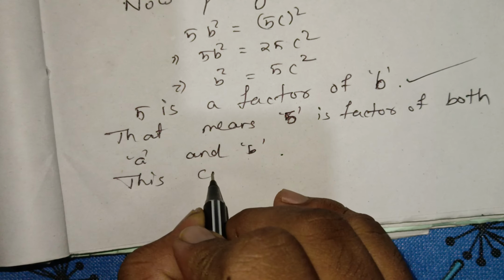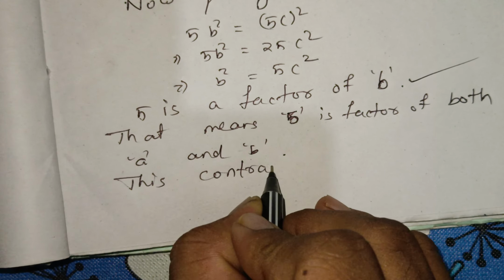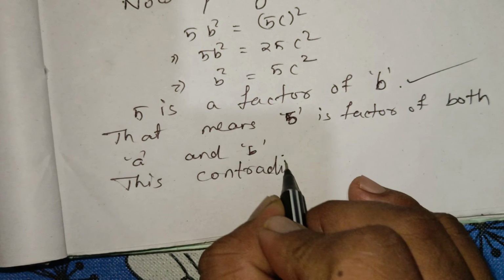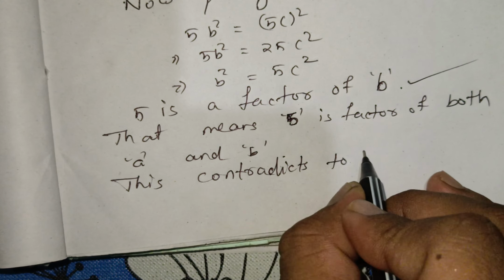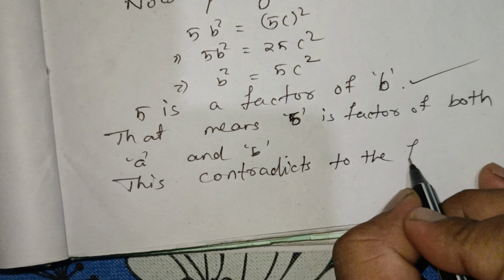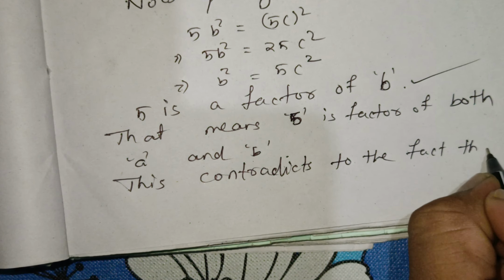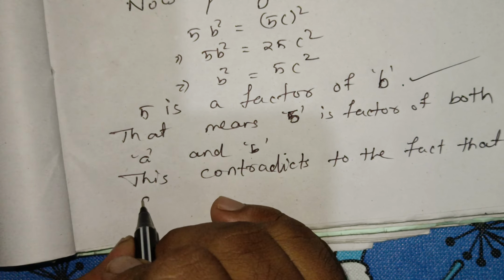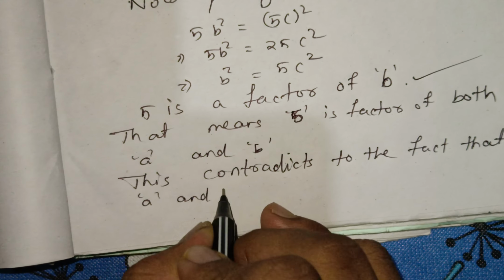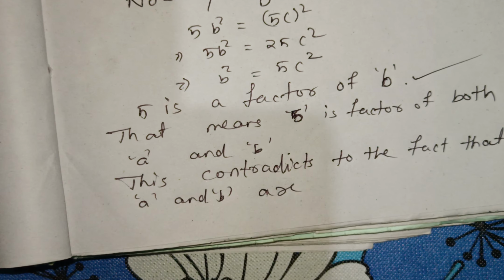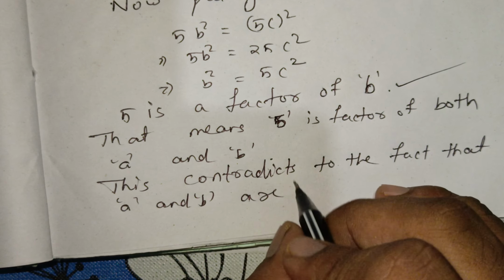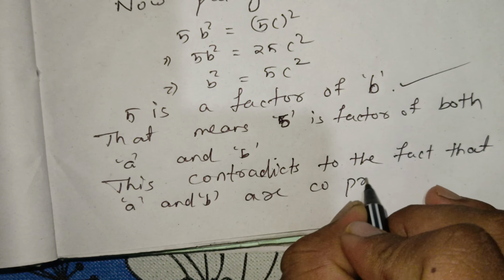This contradicts the fact that a and b are co-prime numbers.